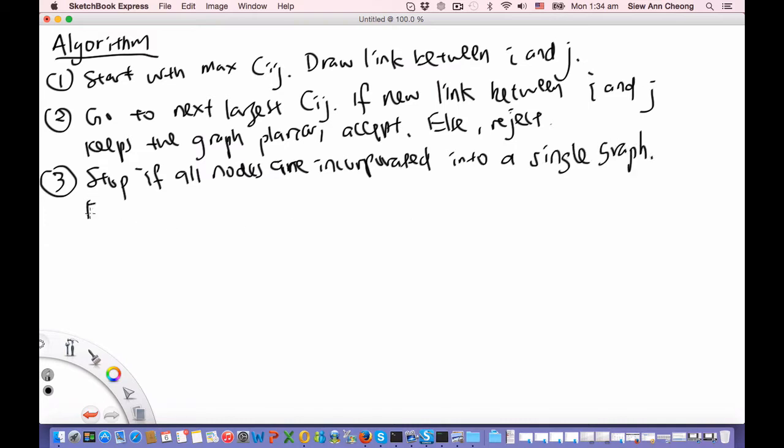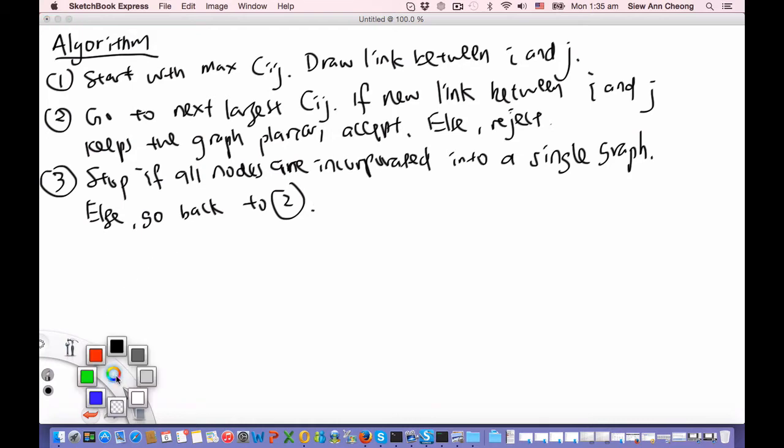Else go back to 2, and you repeat until you have exhausted all the nodes.